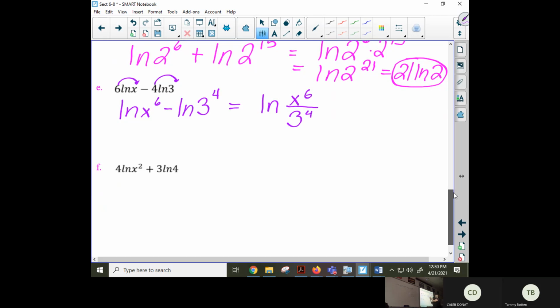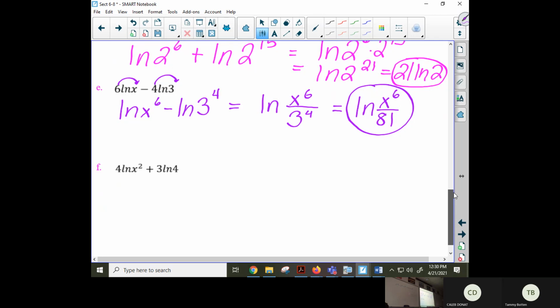What we were going to do, to bring it out front, these would both have to be 4s. So we're just going to leave the 6 here, and we're going to evaluate what 3 to the 4th power is. You guys know that? 81. Now this is in one thing.